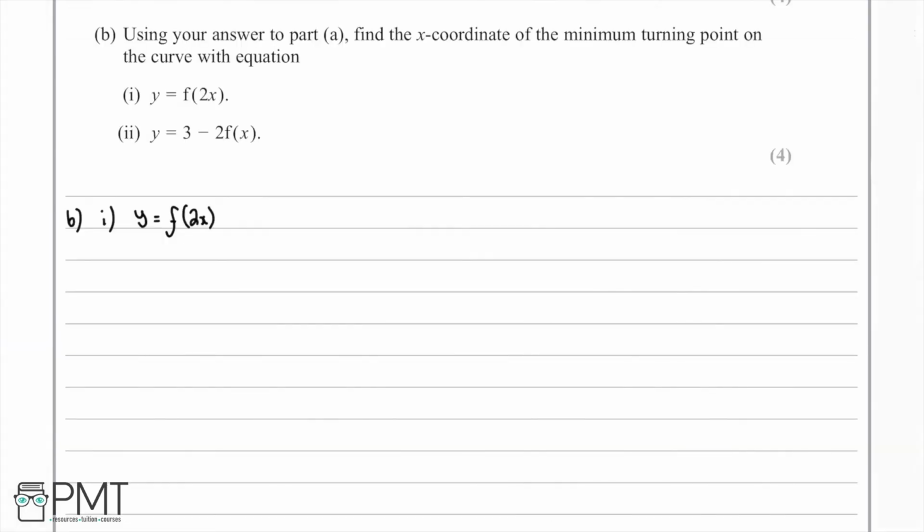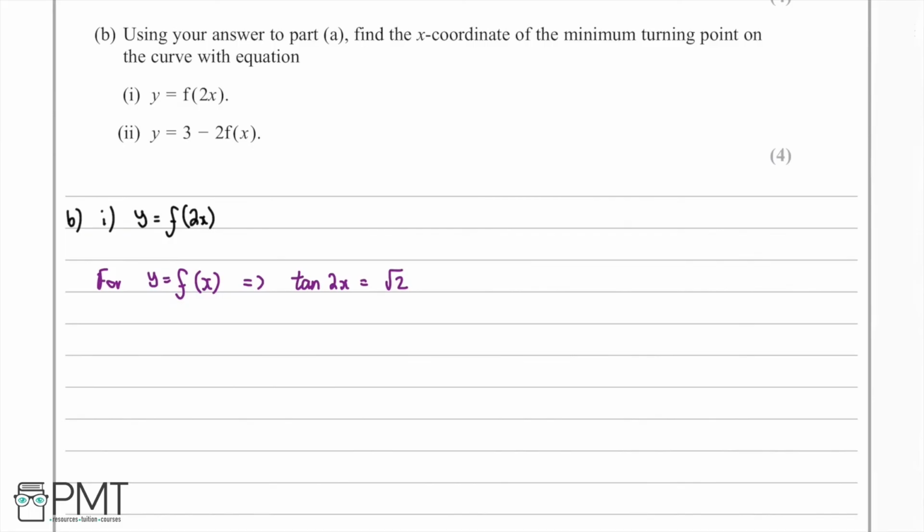So now moving on to part B of this question, we're asked to use our answer from part A to find the x-coordinates of the minimum turning point of the curve with the equation. Initially we'll do it for y is equal to f(2x). So when we had y equal to f(x), we had that tan 2x was equal to root 2.